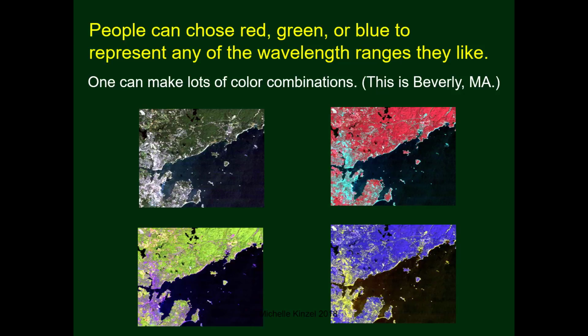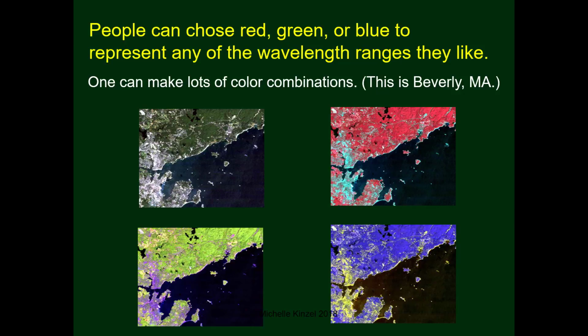These are all examples from Beverly, Massachusetts, and each of these different kinds of images would be used for different study purposes. In the upper left, we have a true color image, and then on the right top and the left bottom, we have false color. Urban in the upper right is bright blue and vegetation is green.